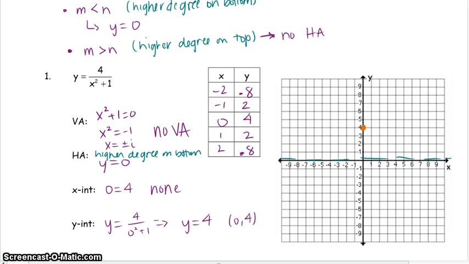So if I plot these other points, negative 1, 2, and negative 2, 0.8, and then 1, 2, and 2, 0.8, I'm going to connect those dots, and it's going to look a little bit different than what we're used to.